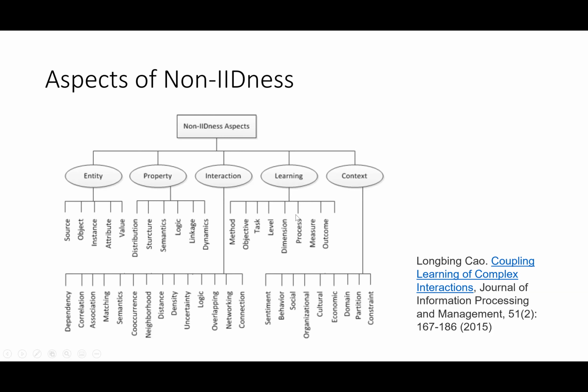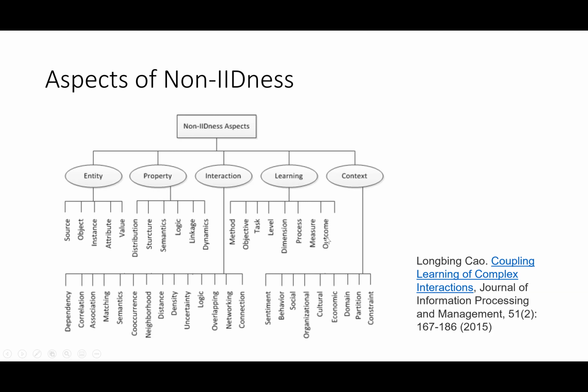And as I mentioned, from the learning perspective, you may have multiple methods, models, objectives, tasks, or multiple levels of learning, hierarchical learning for example, or multiple dimensionality to consider in a learning process, like a coupled hierarchical model, and multiple measures to consider in the learning or even the results.